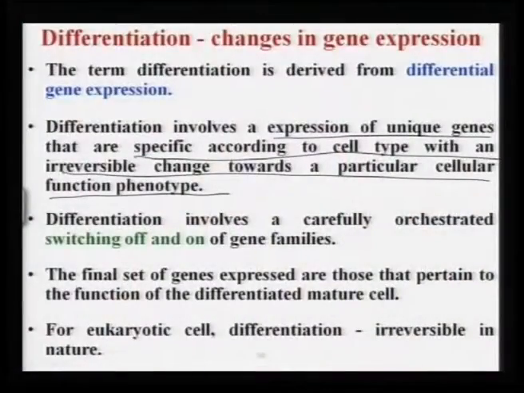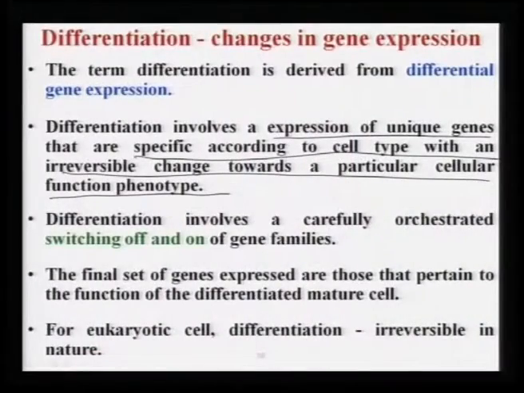This is a very bookish type of definition: it involves the expression of unique genes specific to the specific cell type. That means for osteoblasts there are different genes, for chondrocytes different genes, for fibroblasts different genes, which are responsible for the differentiation process. Differentiation also involves a carefully orchestrated switching off and on of gene families.